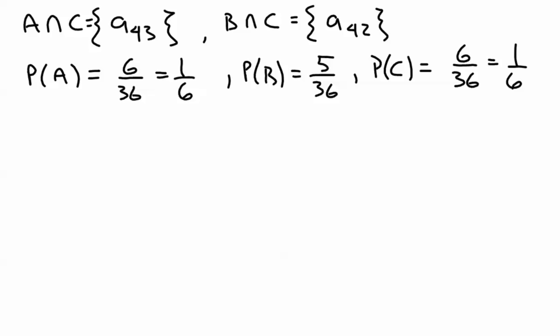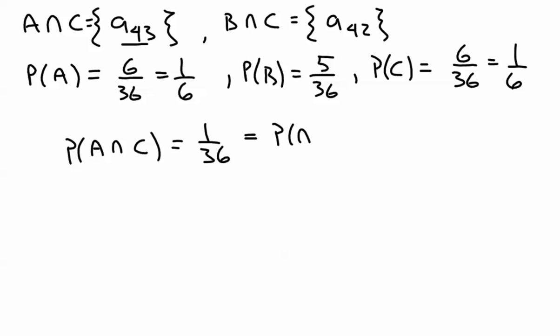So the probability of A intersecting C is 1 chance out of 36. And that equals the probability of A times the probability of C. The probability of A is 1/6.